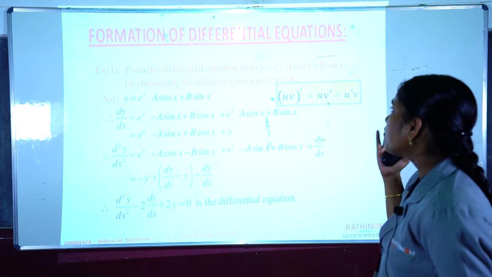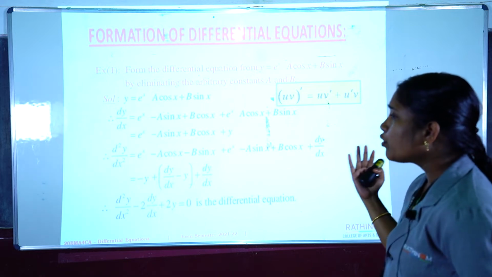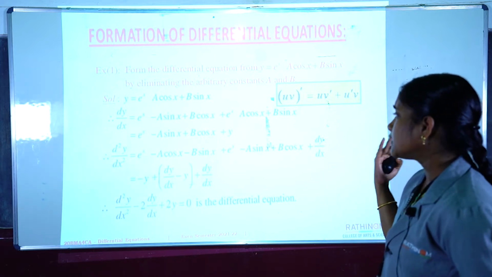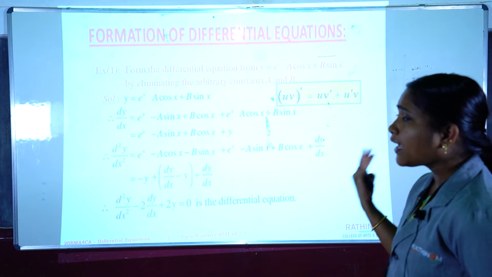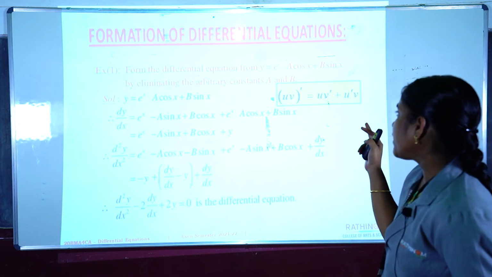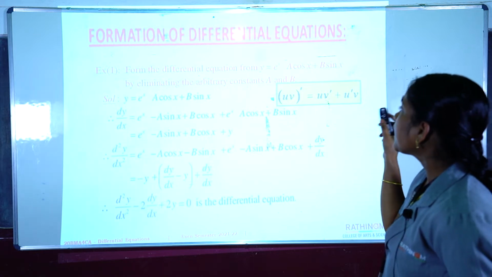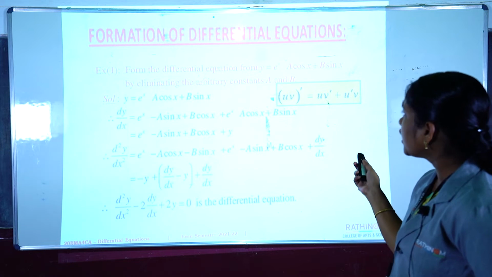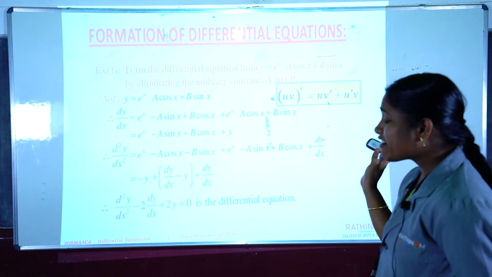To convert this equation we need to find the differentiation, or we have to take some derivatives. It might be first order or second order. By eliminating the arbitrary constants a and b, we can construct the differential equation. What are arbitrary constants?